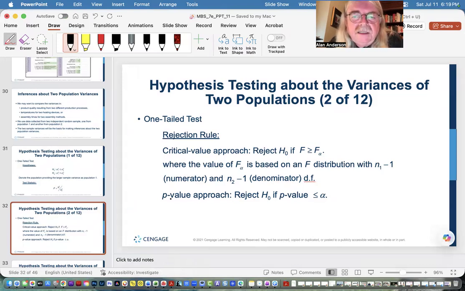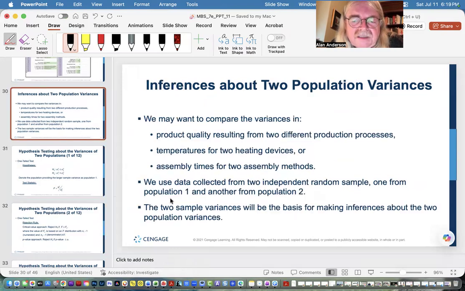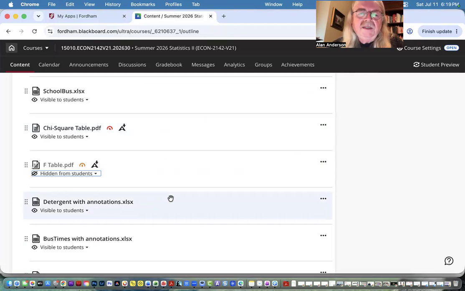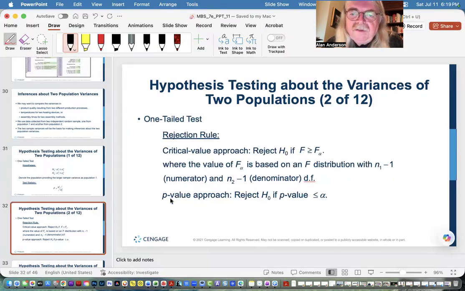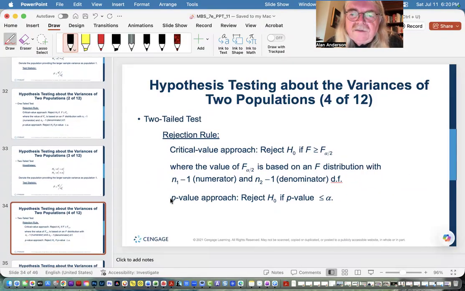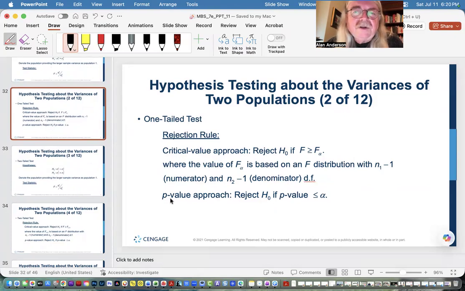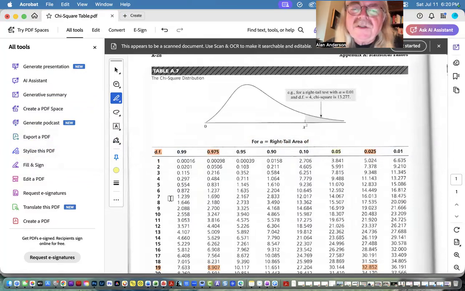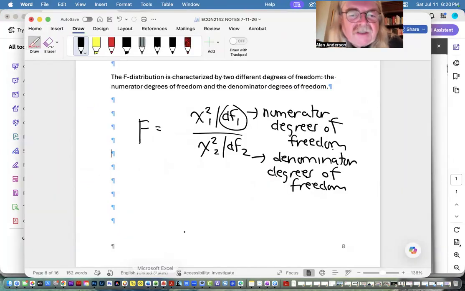Oh, okay, there's one peculiar difference, though. They're going to start us out with the hypothesis testing, so let's see what's going on there. Now, there's a very significant difference here, and that's because of the way the F distribution is constructed.